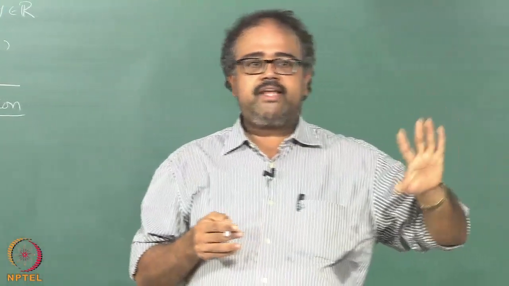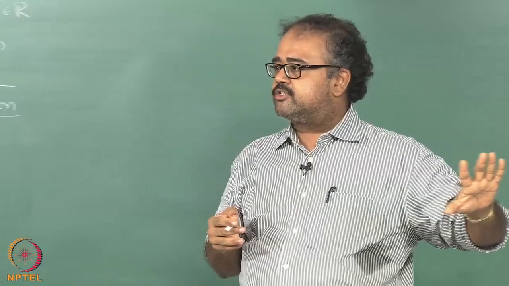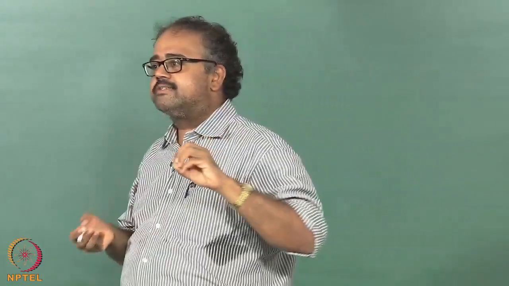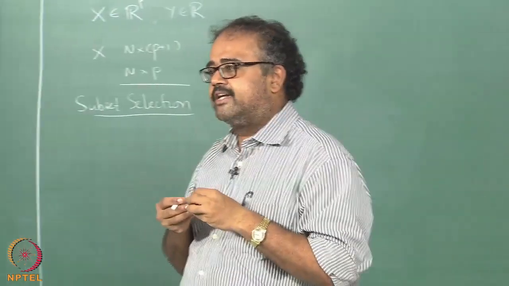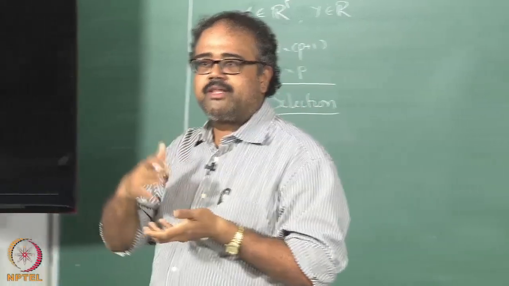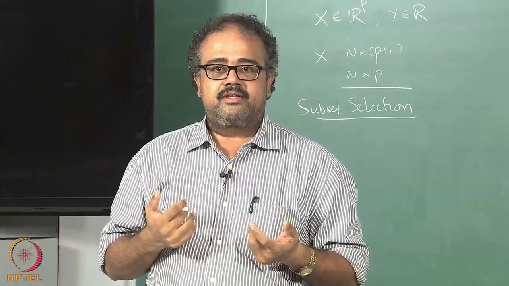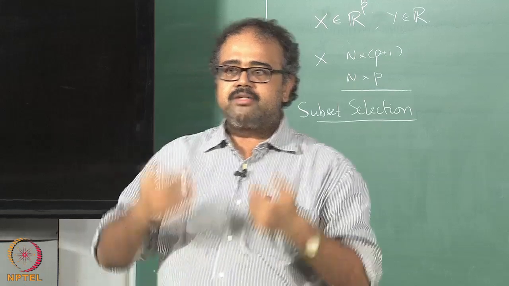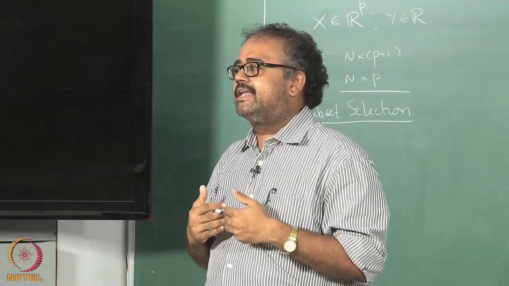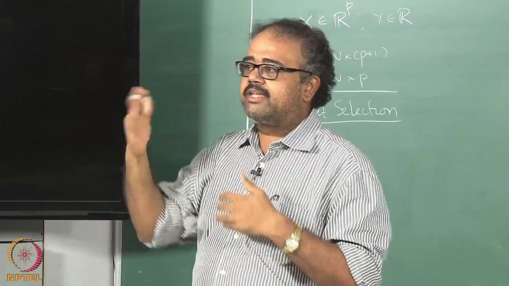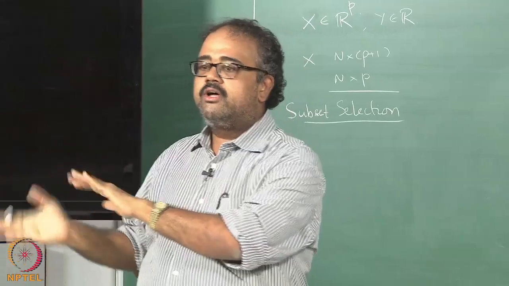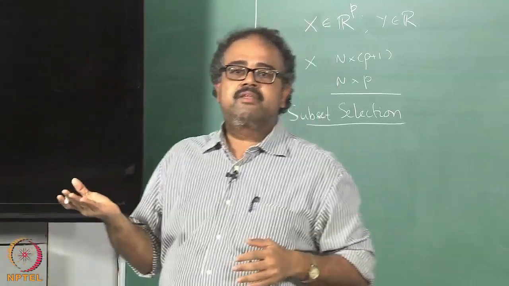Then I have a lot fewer parameters that I am estimating, and the fewer the parameters, the lower the variance. But because I am now restricting the class of models I am looking at, my bias will go up slightly.